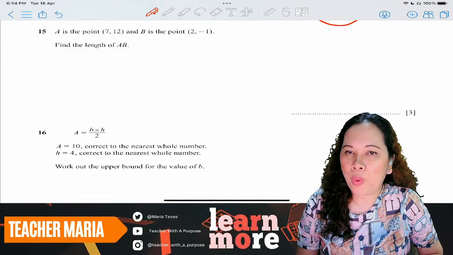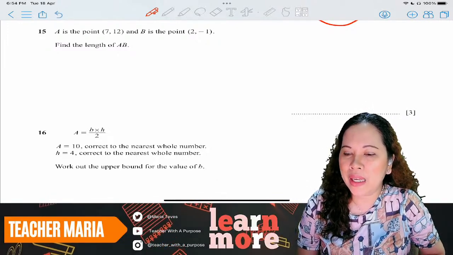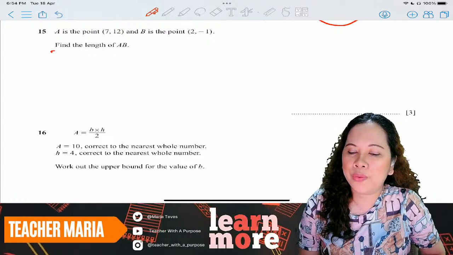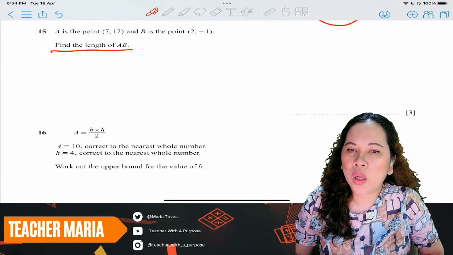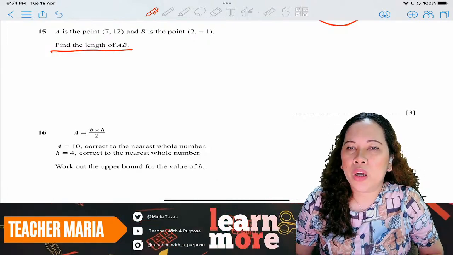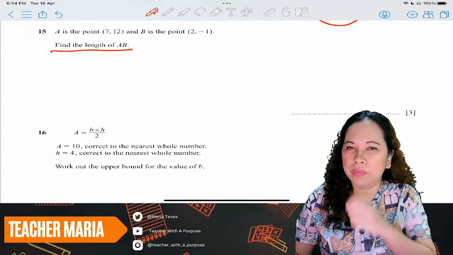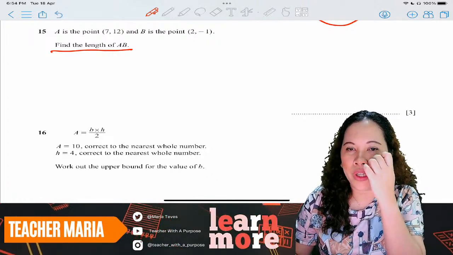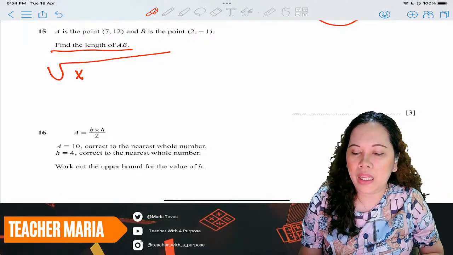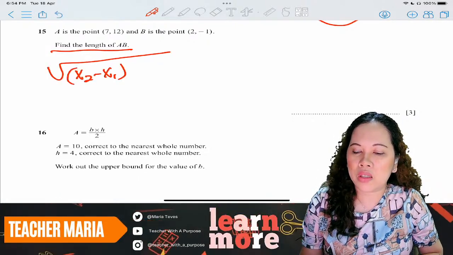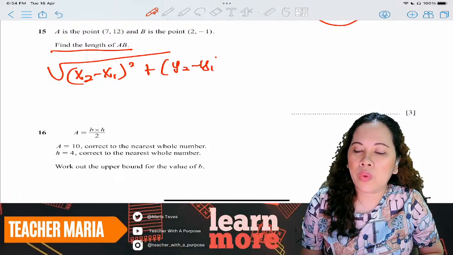A is the point (7, 12), and B is the point (2, -1). You're asked to find the length of AB. Now, recalling the formula for the length of a line, you have the square root of (x2 minus x1) squared plus (y2 minus y1) squared.